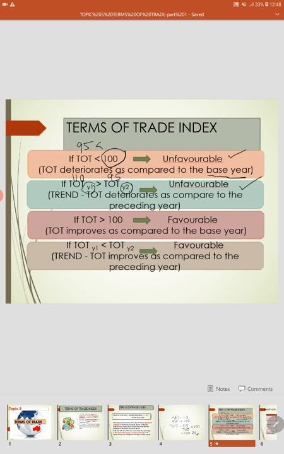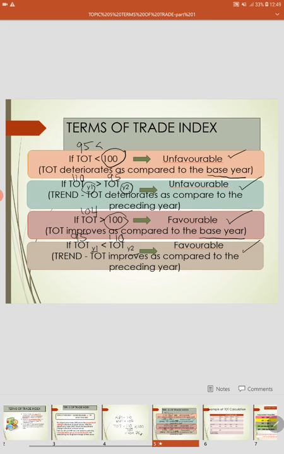Okay class? Let's say we still use the base year, like what we calculated just now: TOT is 104, base year is 100. In this case TOT is favorable. And again, if you are comparing 2 years and year 2 is greater than year 1, then for year 2 terms of trade is favorable.